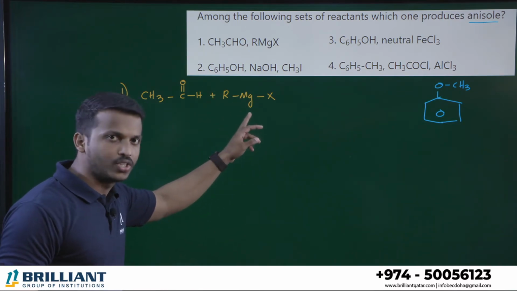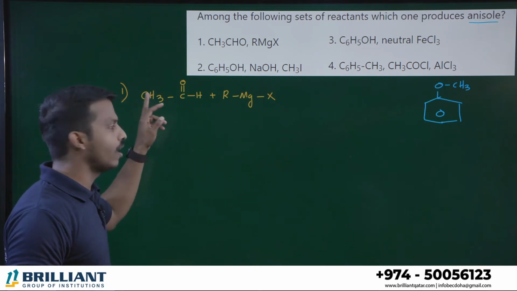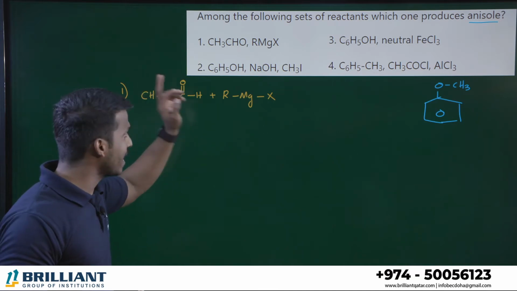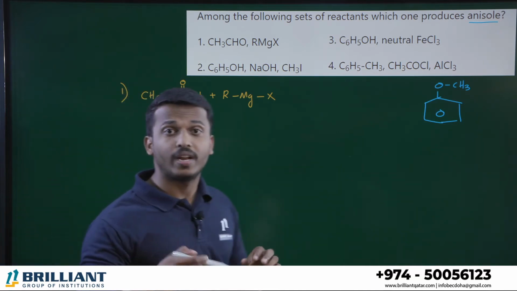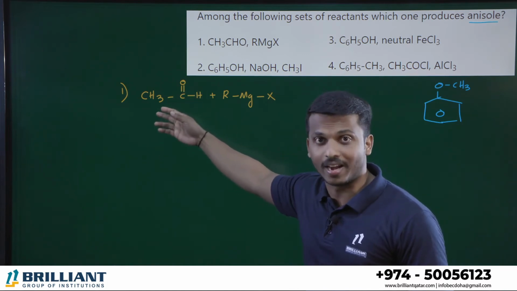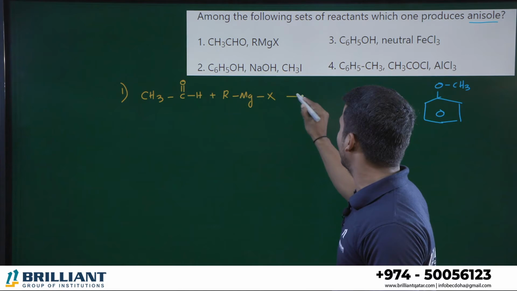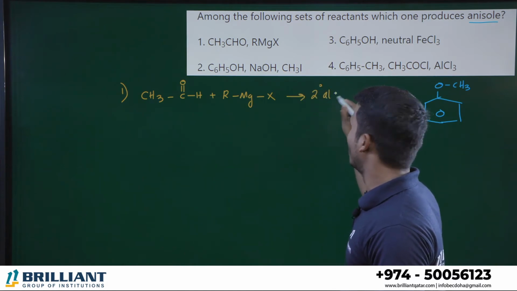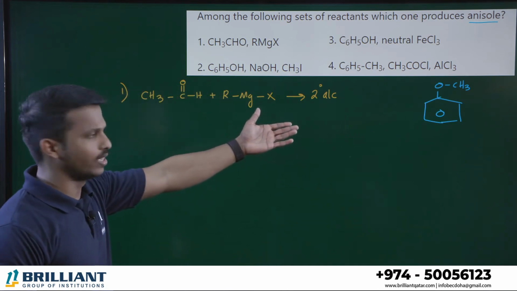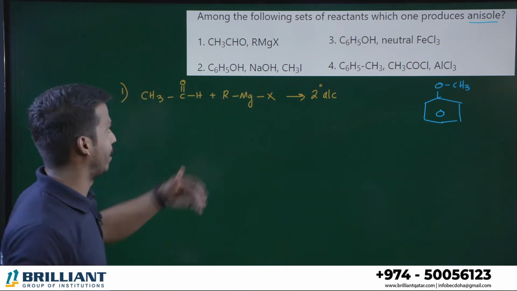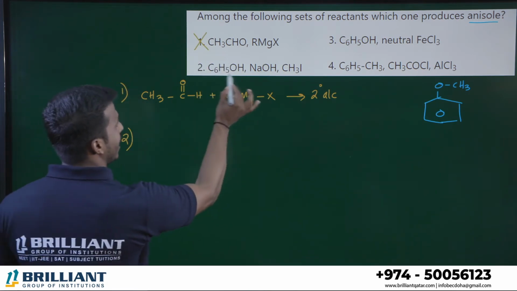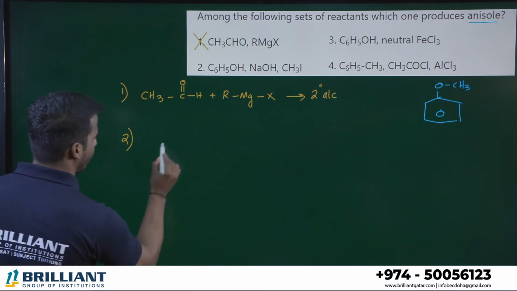Any Grignard reagent, when you treat it with an aldehyde other than methanal, always gives the final product secondary alcohol. Actually, this is not required here. This is ether preparation, not alcohol preparation. So, not option number 1. What is option number 2? C6H5OH. That's nothing but phenol.